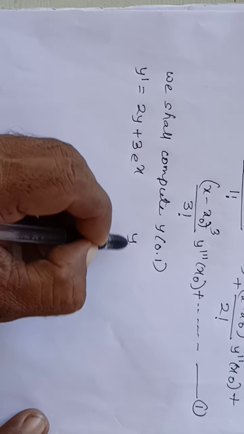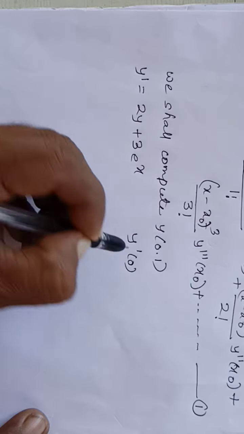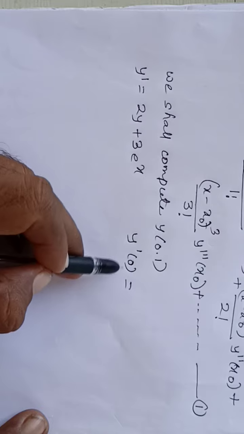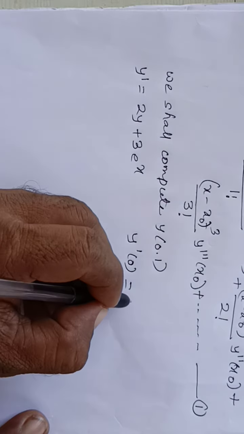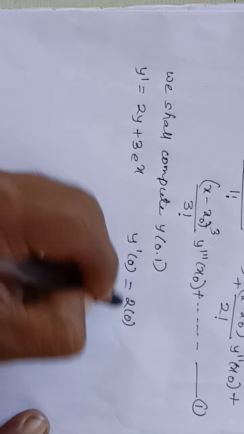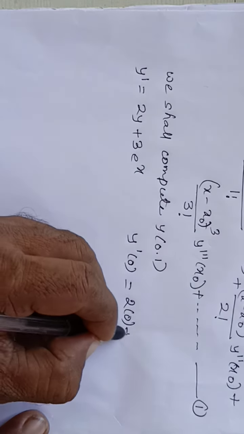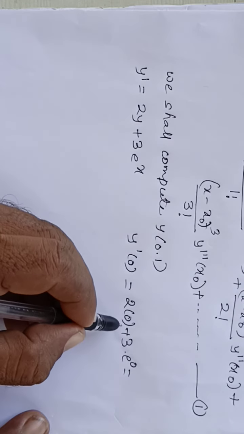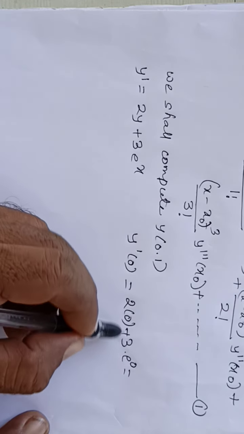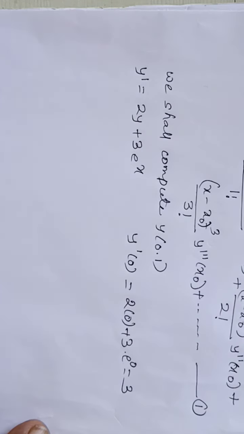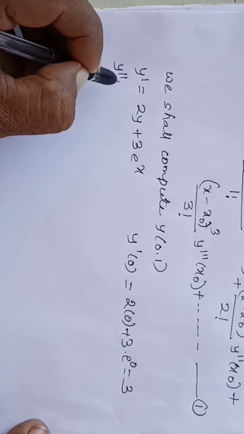Next, y dash of 0, initial conditions. Initial conditions means y dash of 0 is 2 into y at 0, it is y naught, plus 3 into e raised to 0. So 2 into 0 is 0, e raised to 0 is 1, so 0 plus 3 is definitely 3. Next, y double dash.